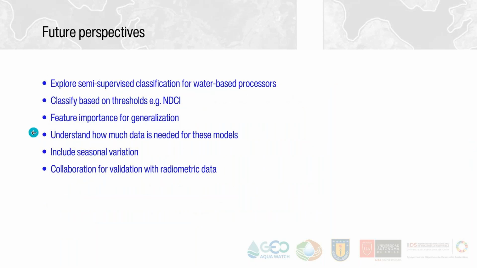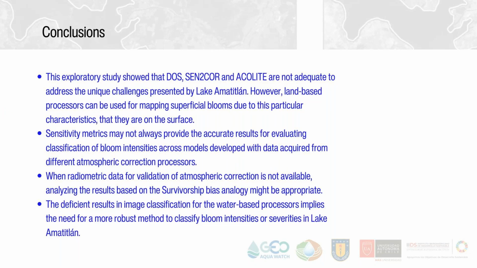And also, maybe when radiometric data for validation of atmospheric correction is not available, which happens in many countries, we might be able to analyze the results based on the survivorship bias analogy. Maybe this is an appropriate way to analyze it when we don't have any other alternative. But this should, of course, only be considered when applying machine learning methods due to the amount of data that we can acquire.